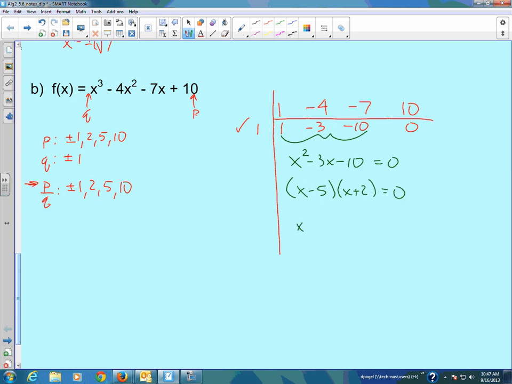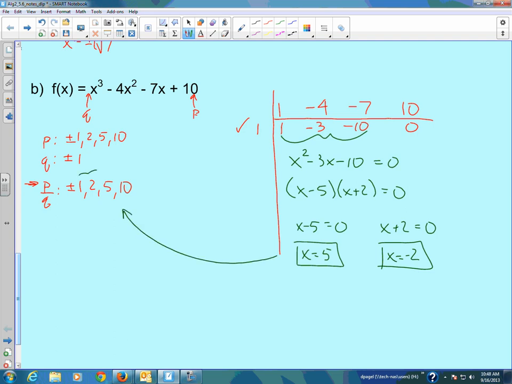And that means through the zero product property, I get x minus 5 equal to 0, x plus 2 equal to 0, x equals 5 is another possible answer. x equals negative 2 is another possible answer. And if you look over here, those numbers were part of my possible zeros group.